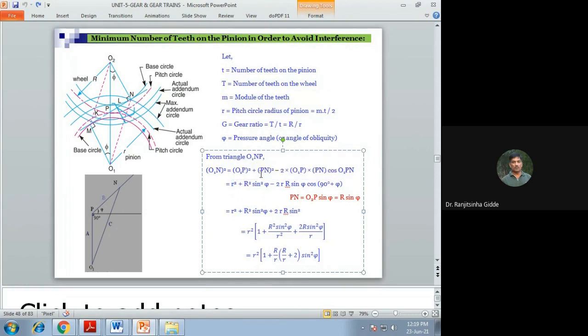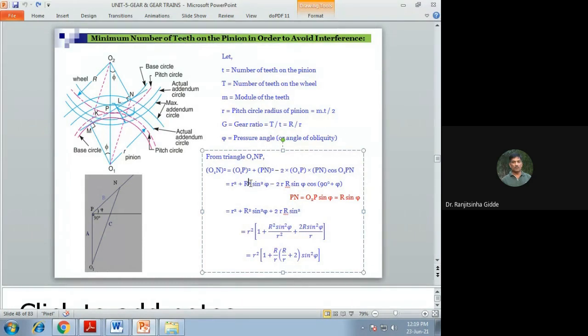For Pn, the value is R sin phi. From this triangle, already seen earlier, by considering O2Pn, sin phi is equal to Pn upon O2P. What is O2P? Capital R, and this capital R into sin phi is Pn.